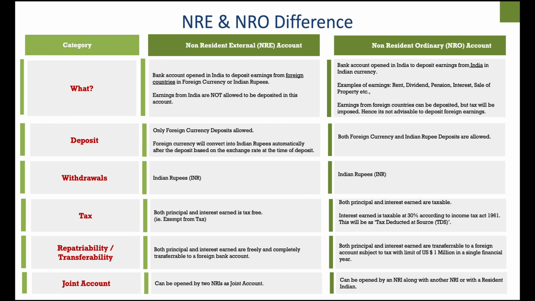Whereas an NRO account can be created either by two NRIs together, or one NRI can join with a resident Indian who is currently residing in India. For example, yourself and your father from India, or yourself and some other relative from India, can open it together, assuming that you are currently outside of India.